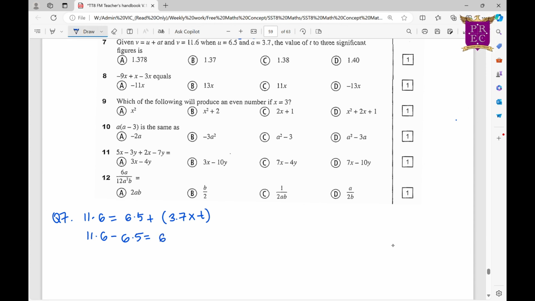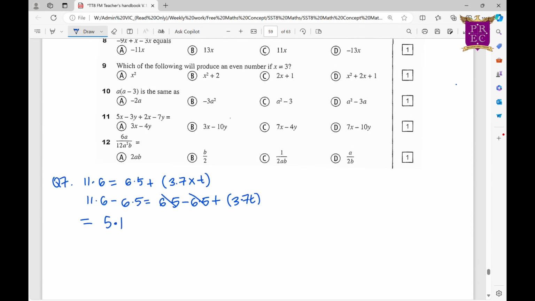So that becomes 6.5 minus 6.5 plus 3.7t. And so 11.6 minus 6.5, those two get cancelled out, and that becomes 5.1.